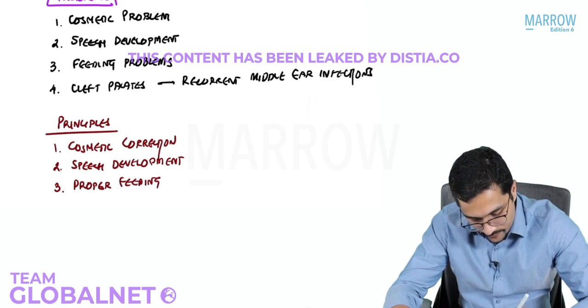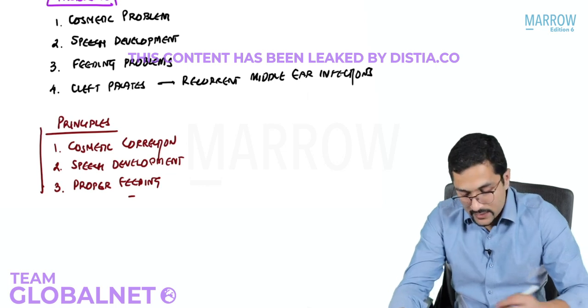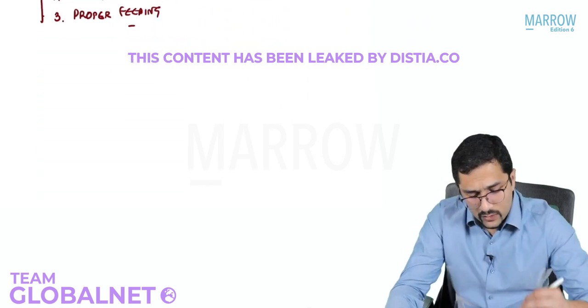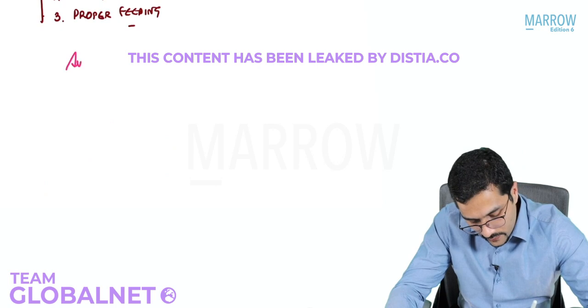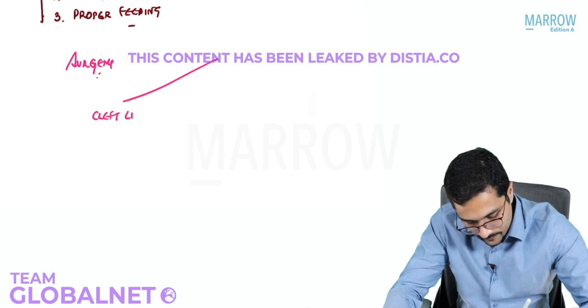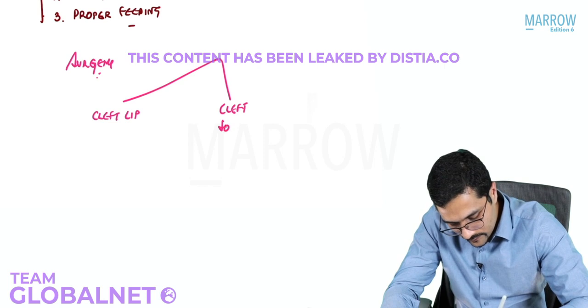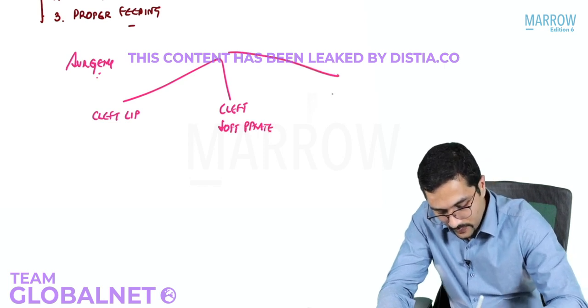So these are the aims when we have to carry out surgery in these patients. Now, we have to carry out surgery for the cleft lip, for the cleft soft palate, and for the cleft hard palate.